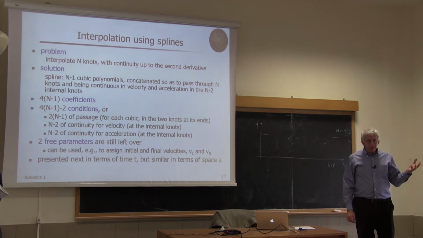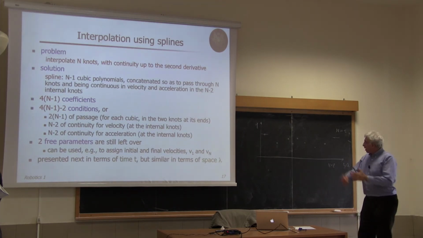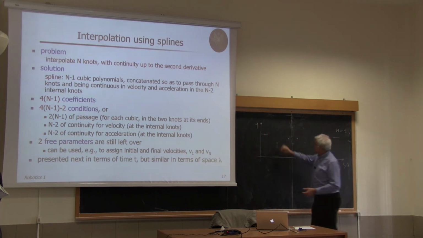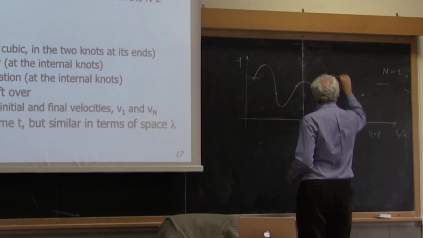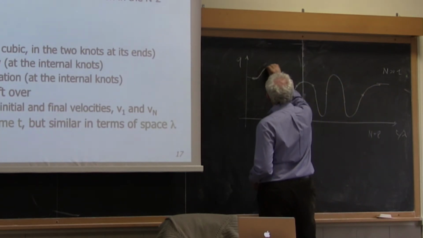How many roots has the equation of the first derivative equal to 0? Since it's a polynomial of degree 8, it has 8 roots. So there are 8 points where the polynomial has a maximum or a minimum. Now, where are these placed? They could be placed outside the interval of interest. Sorry, this is wrong.